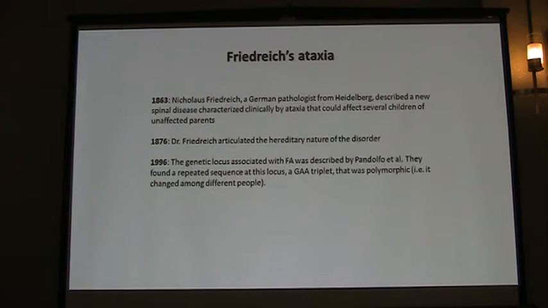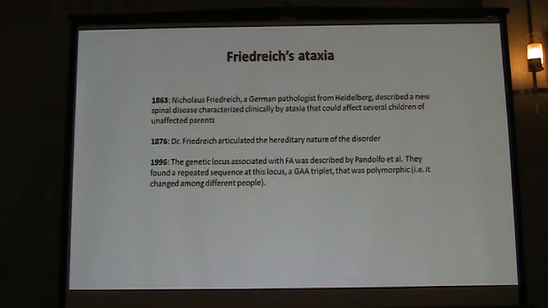So you've heard from Dr. Perlman that FA was first described many years ago in 1863 by Dr. Friedreich, and about 13 years later he articulated the hereditary nature of the disorder. He thought that the disorder had a genetic basis. But it took about another 120 years for the genetic locus to be identified.